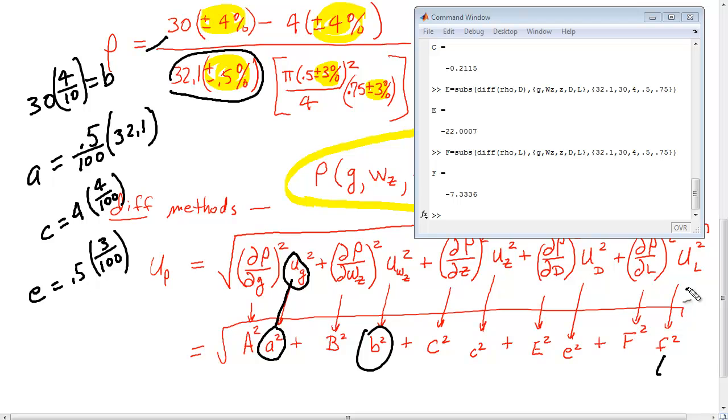And then F is the little f, that is 0.75 times 3/100ths. So I'm going to go into my Matlab window and type all these out.